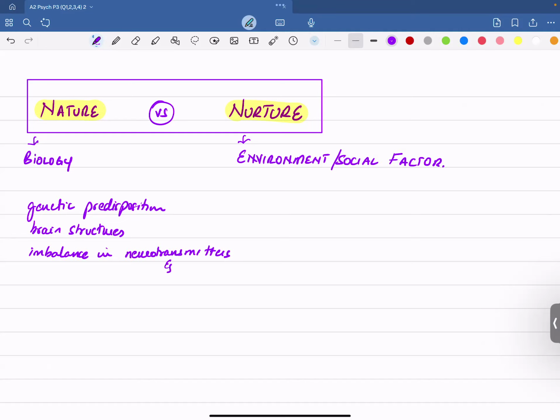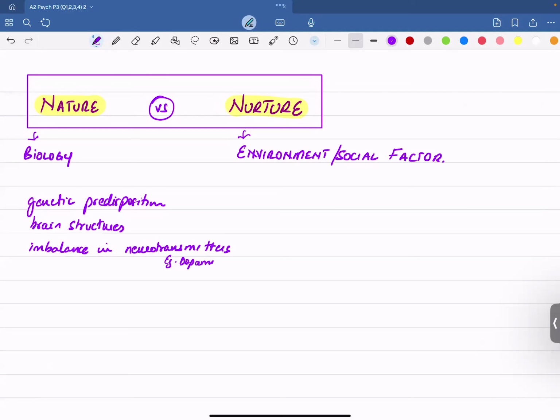Example, let's just say dopamine. So, an imbalance in neurotransmitters like dopamine are responsible for these behaviors.